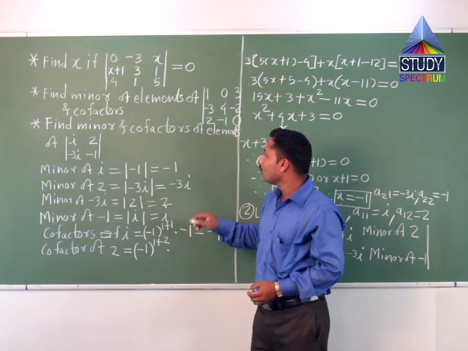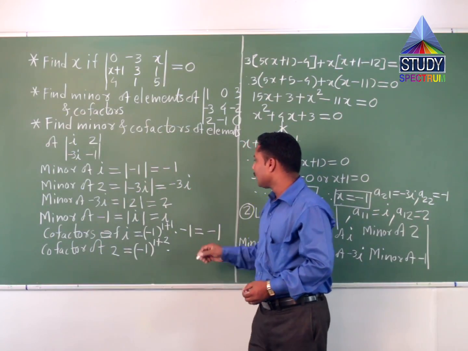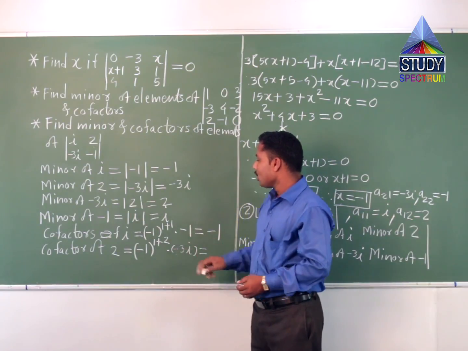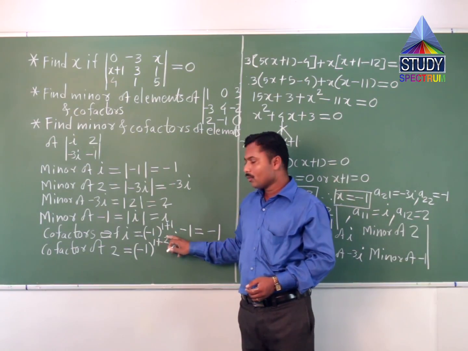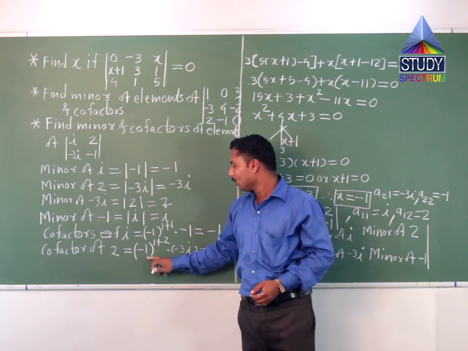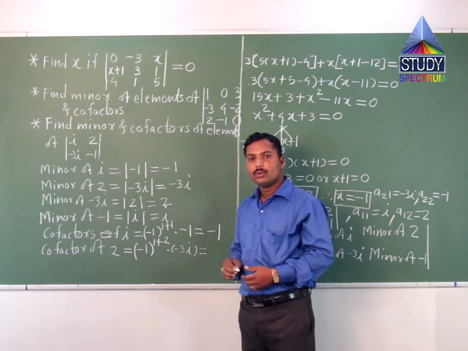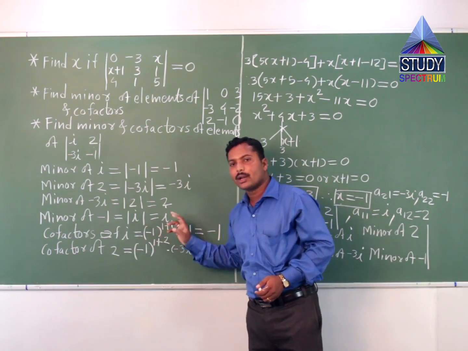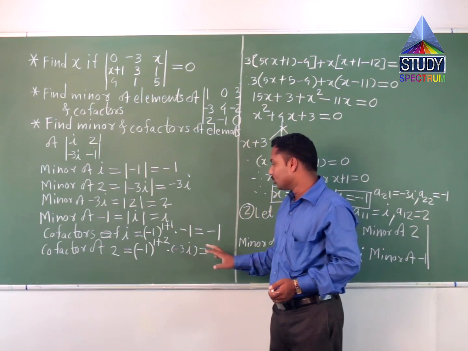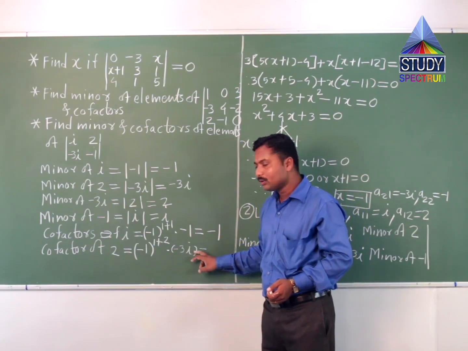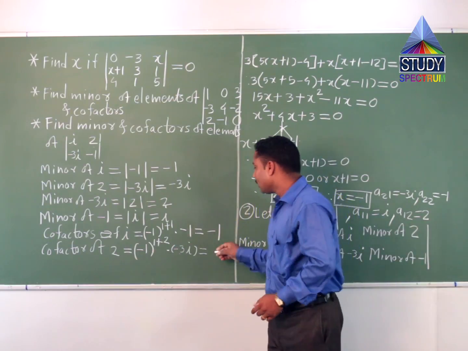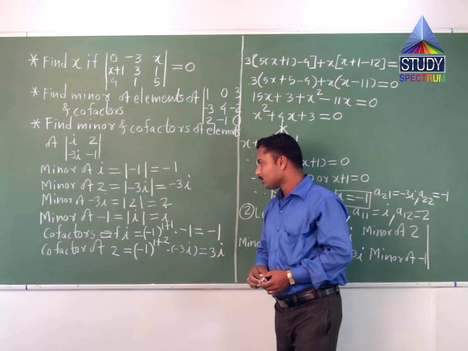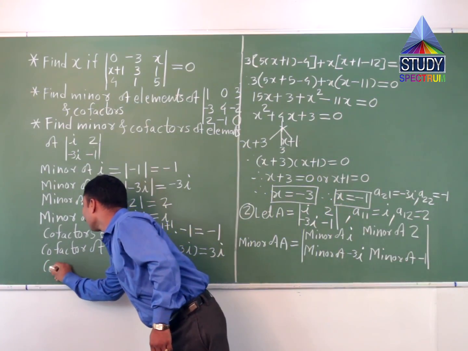The minor of 2 equals -3i. 1 plus 2 is 3, so minus 1 cubed. Cube is an odd power, and minus 1 raised to an odd number is always minus 1. So minus 1 into minus 3i, minus minus plus, gives plus 3i.